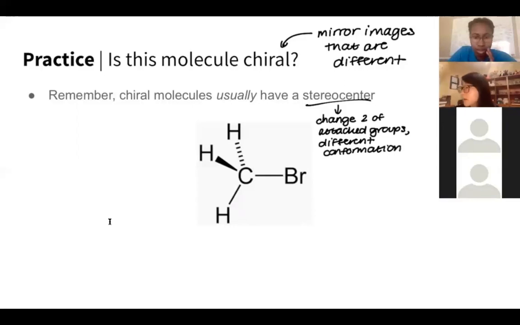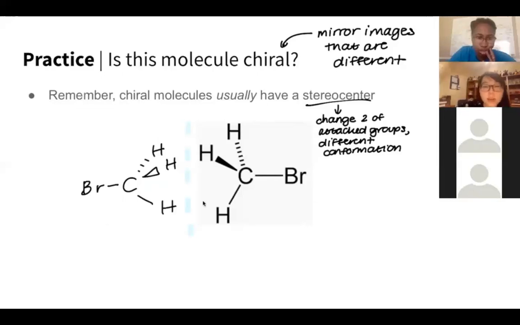So if we want to see if this guy has a mirror image, we can go, here's my mirror, just flip them over. So can anyone tell me, either in the chat or just shout out, whether these two are different?